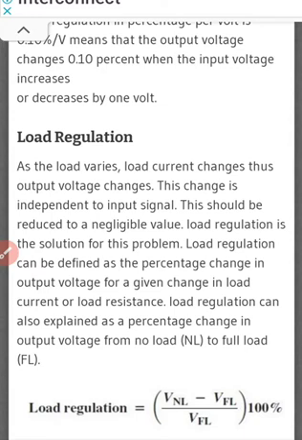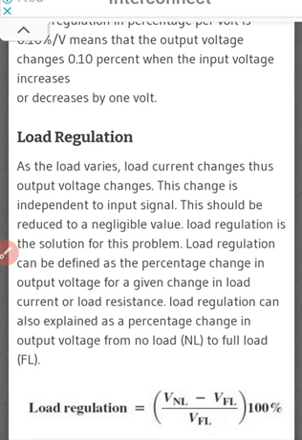Whatever input signal there is carries on as usual, it doesn't affect the output, and the output doesn't affect the input, vice versa. This should be reduced to a negligible value, because load regulation is the solution to this problem. Whatever value the input receives has a very negligible impact on the output.